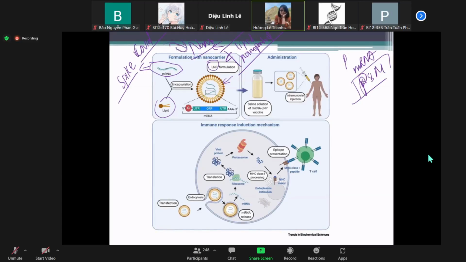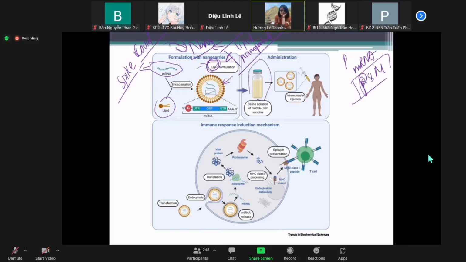You can develop and discover some kinds of these. These lipid nanoparticles can cover the mRNAs, so we can cover and bring the mRNAs, and then we have the vaccines.